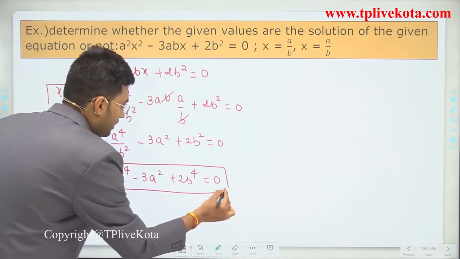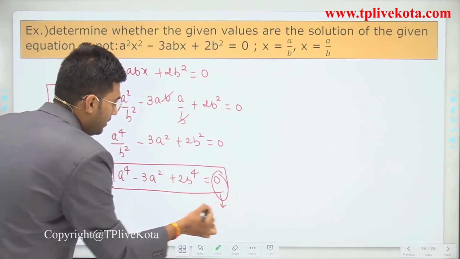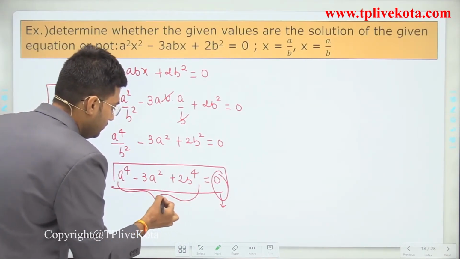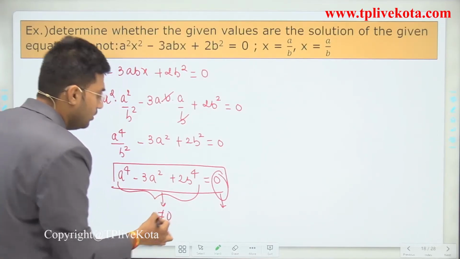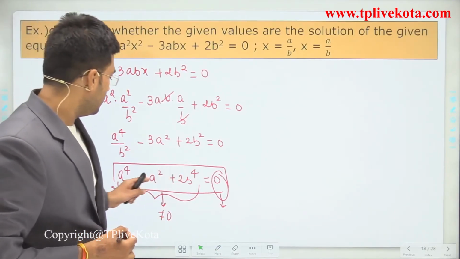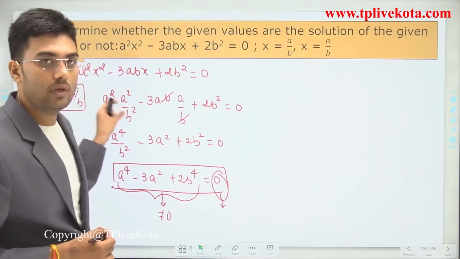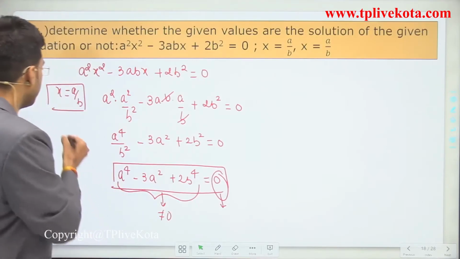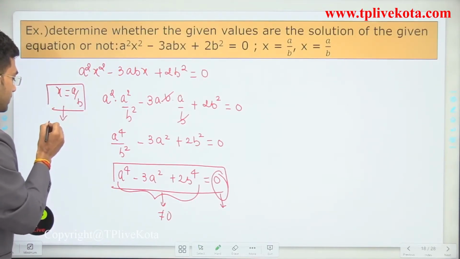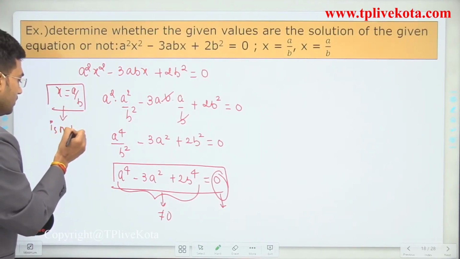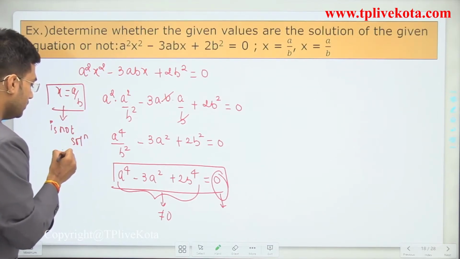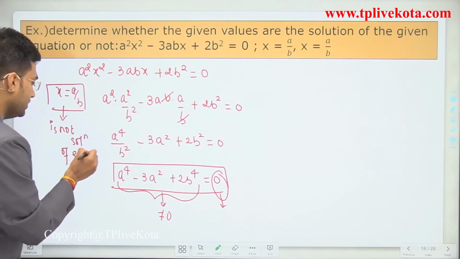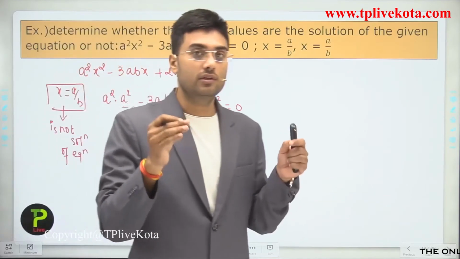Students, this side is 0, but this side is not equal to 0. So the value of x equal to a divided by b does not satisfy this equation. So we can say that x equal to a by b is not a solution of the equation, or we can say it is not a root of this equation.